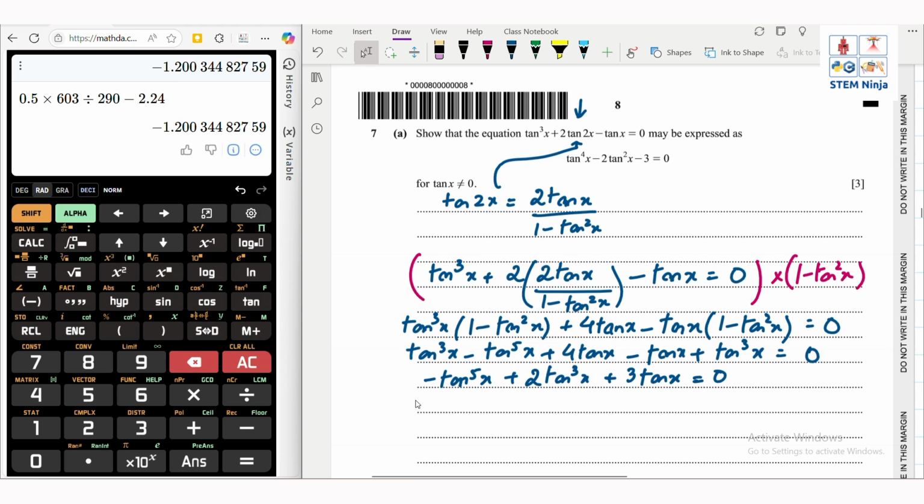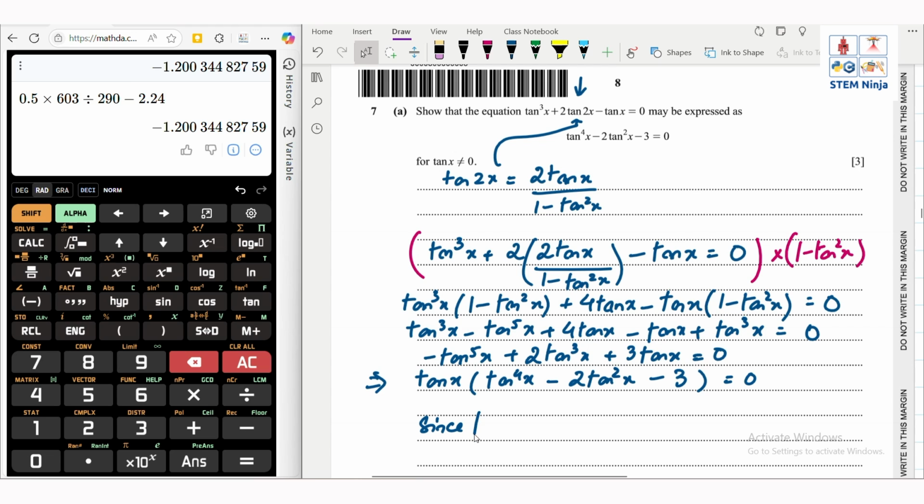If we take out tan x, we can reverse the signs over here. So this becomes tan x times tan to the power 4x minus 2 tan squared x minus 3 equal to 0.